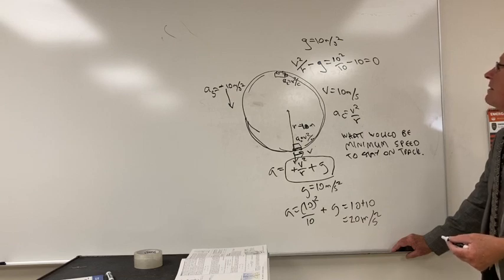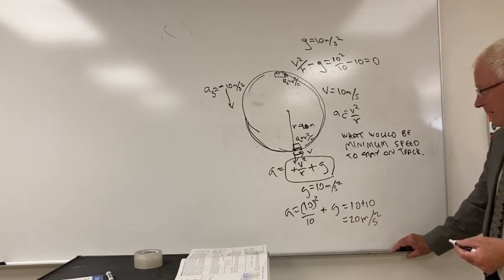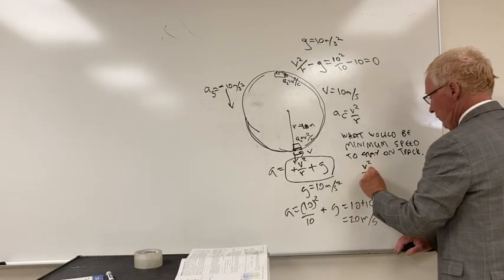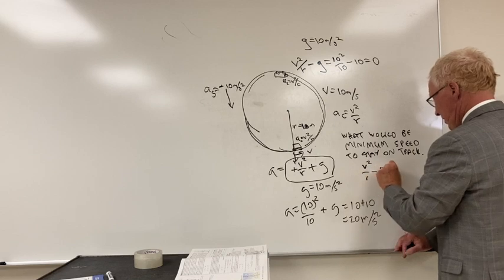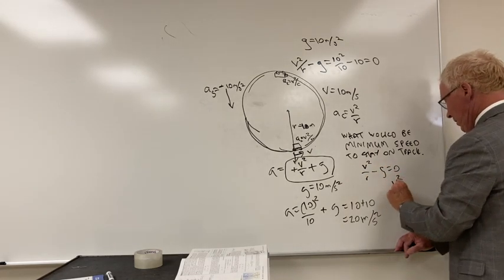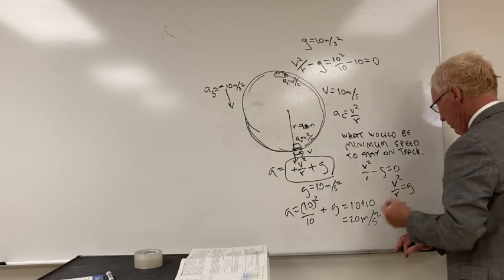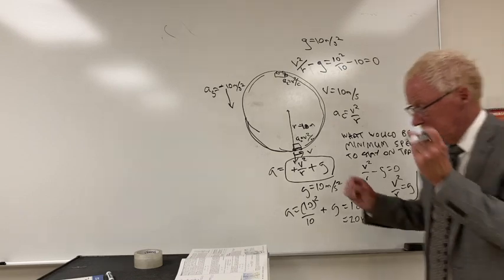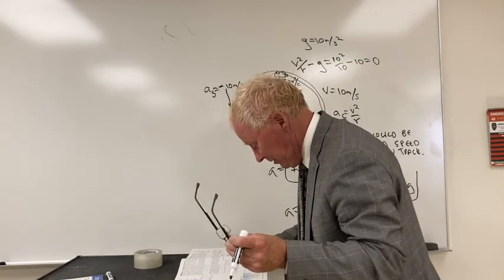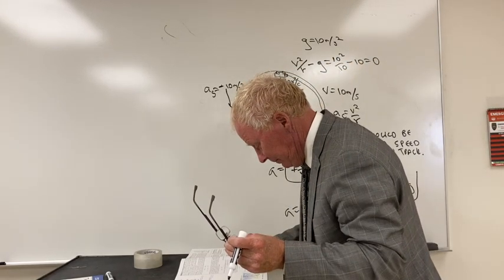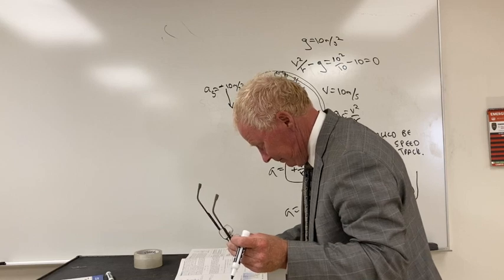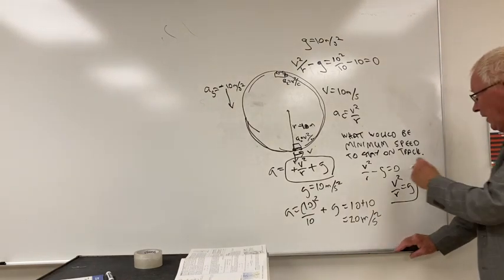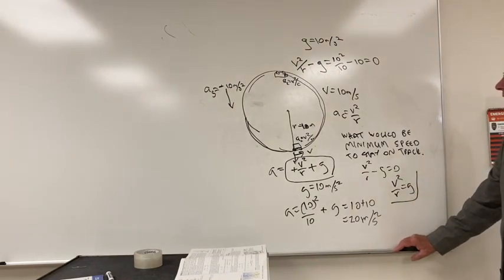To solve this more exactly, the minimum speed would be given by v squared over r minus g is 0, or v squared over r equals g. So depending on the situation, this is how you'd find the minimum velocity or radius to maintain staying on the circle.